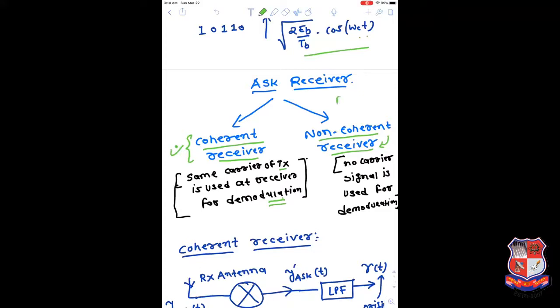So you are transmitting Fc, but because of Doppler shift you are receiving Fc plus delta F, and the receiver has a carrier signal with frequency Fc, so they will not match, and in this case we have to use the non-coherent receiver. A non-coherent receiver is a receiver which detects the original signal from the modulated version without using the carrier signal. So this is the non-coherent receiver.